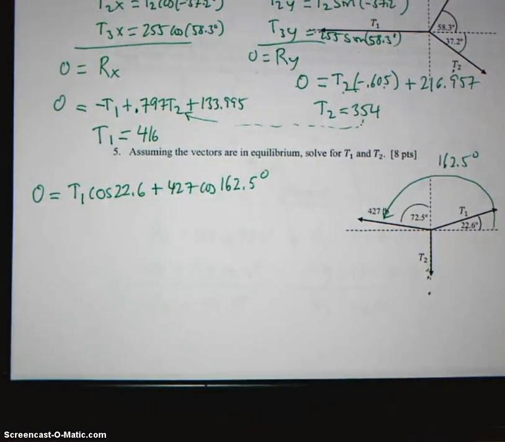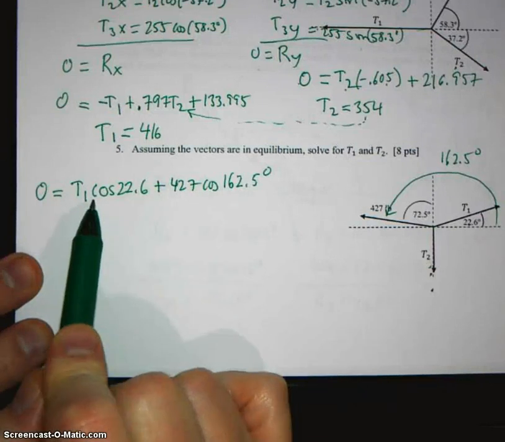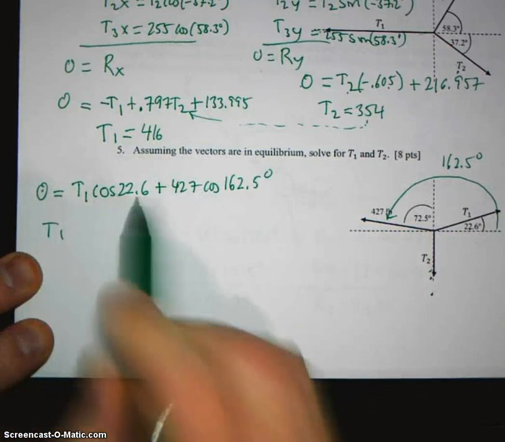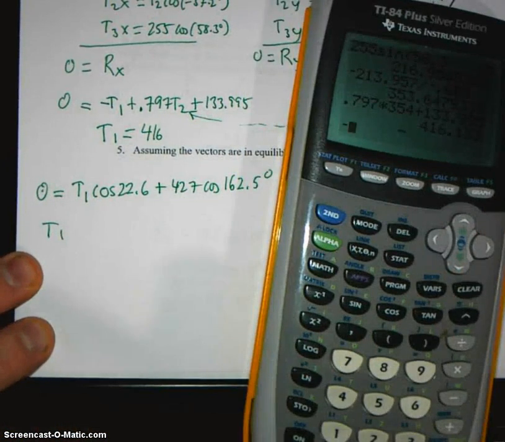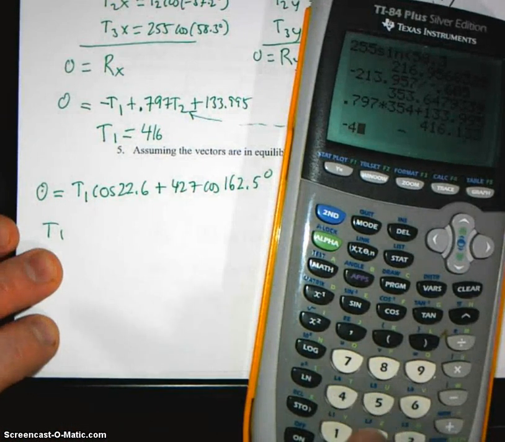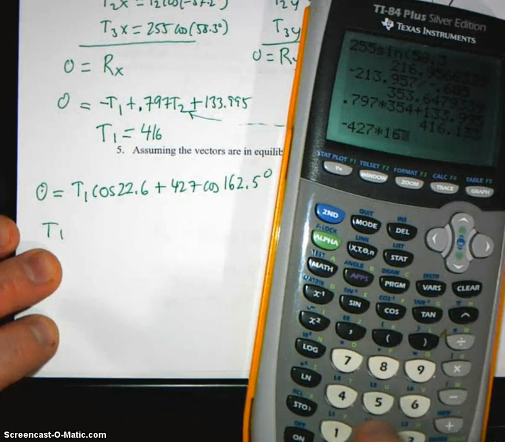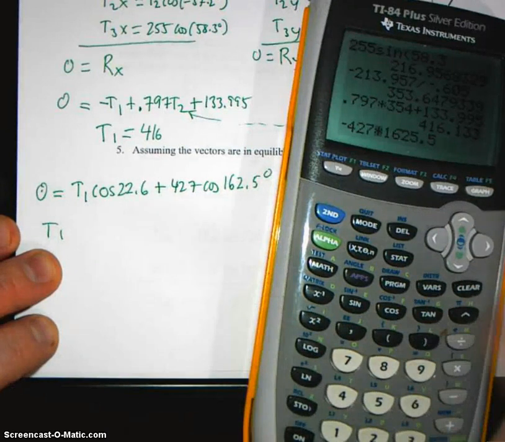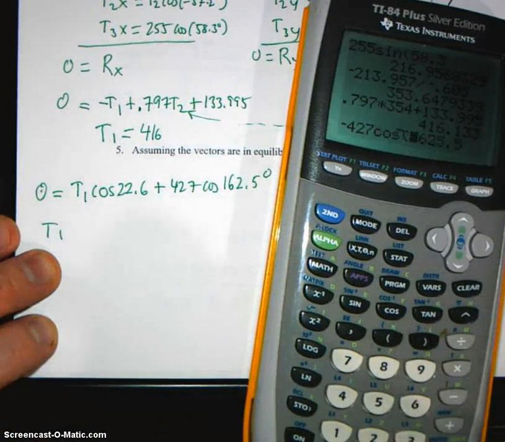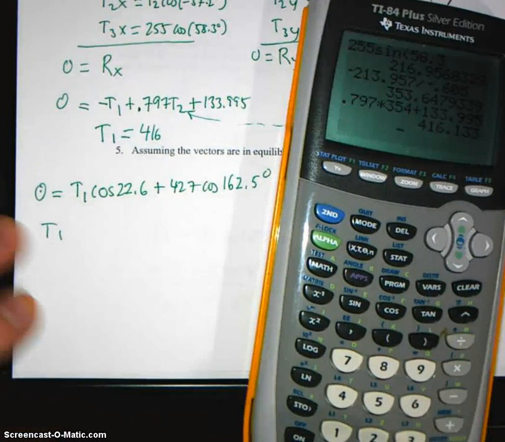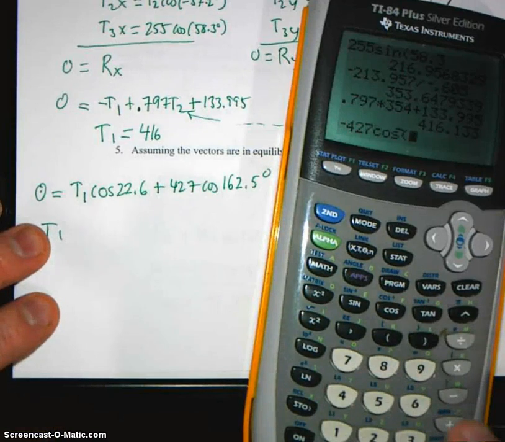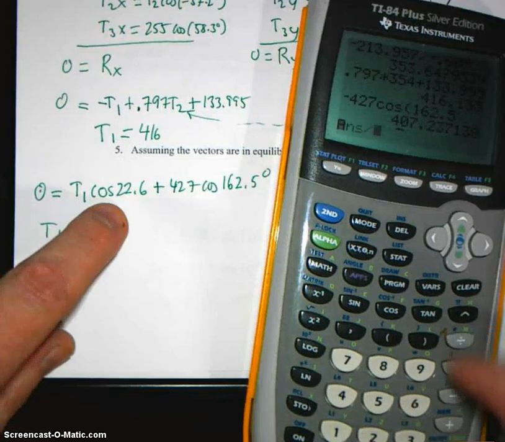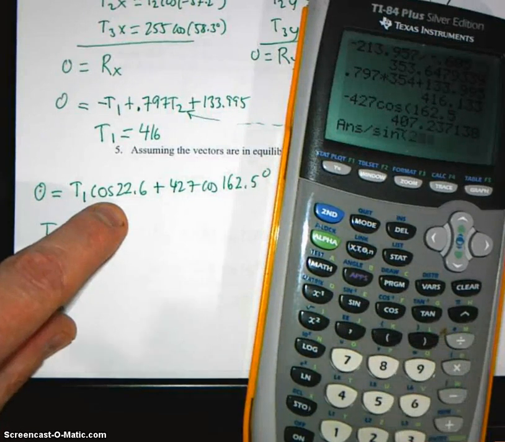So you might notice from this equation that I can get T1 all by itself right now. I would subtract that to the other side and then divide. So it's minus 427 cosine 162.5, and then I divide that by cosine 22.6.